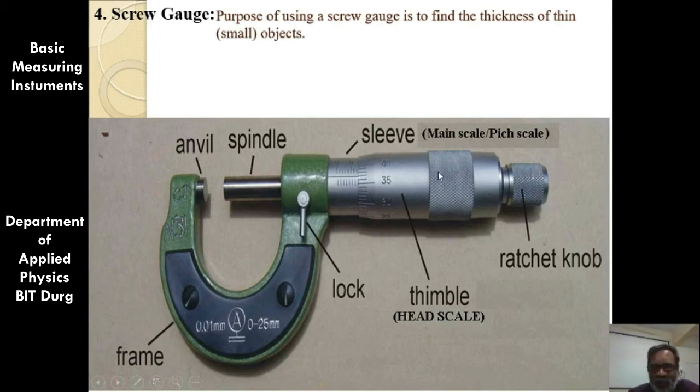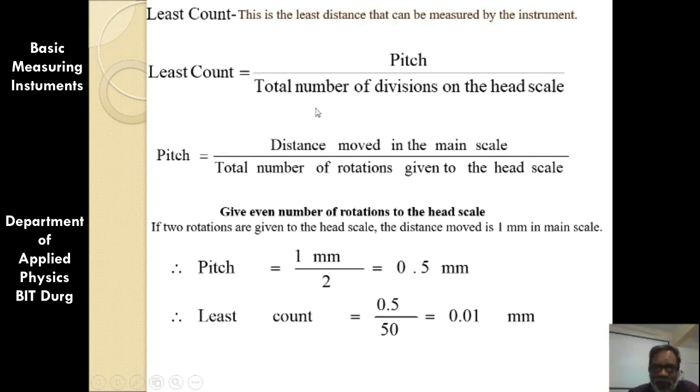Suppose I give it 2 rotations and I see that on the head scale only 1 mm has been moved. Then the pitch of the scale will be equal to distance traveled, that is 1 mm, divided by total number of rotations given, which is 2. So 1 by 2 mm will be the pitch. When we know the pitch, dividing by total number of divisions gives us the least count of the apparatus.